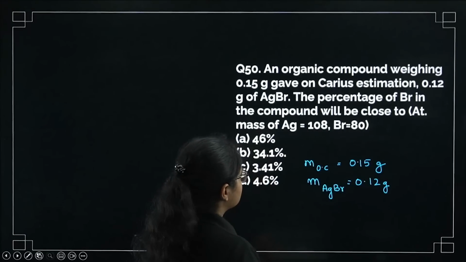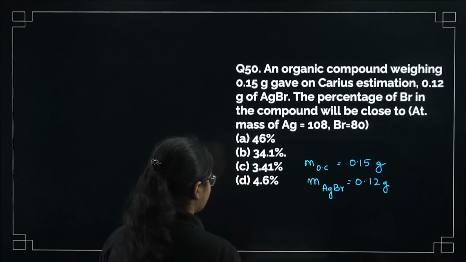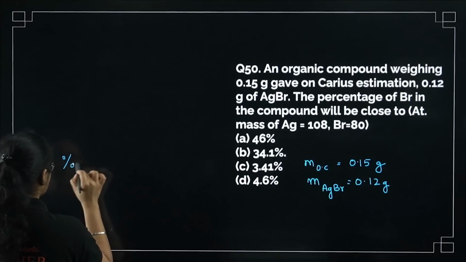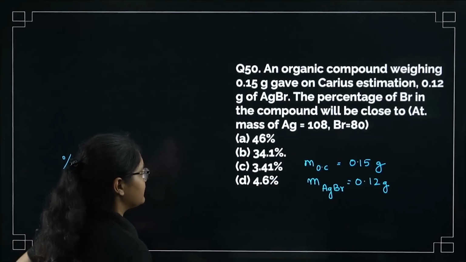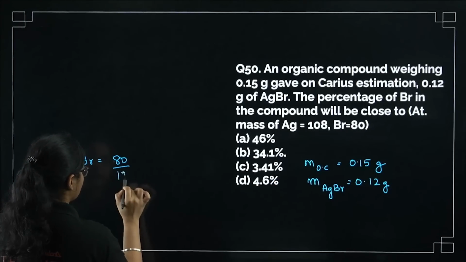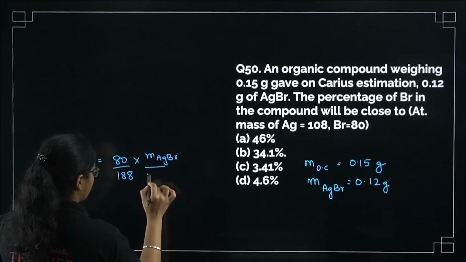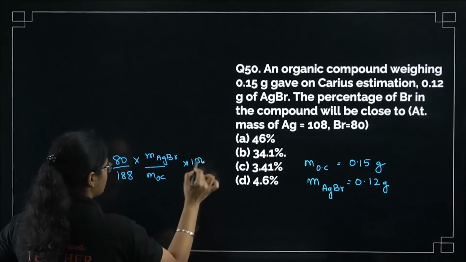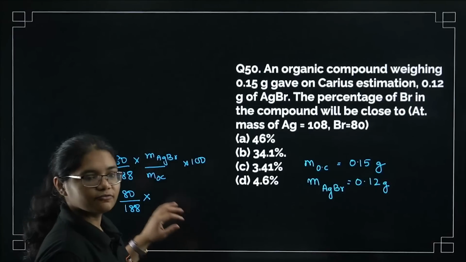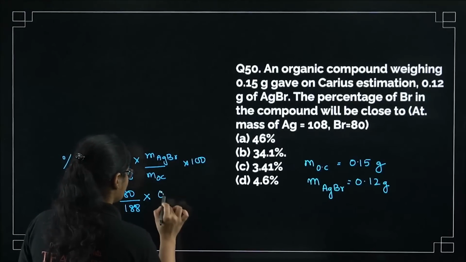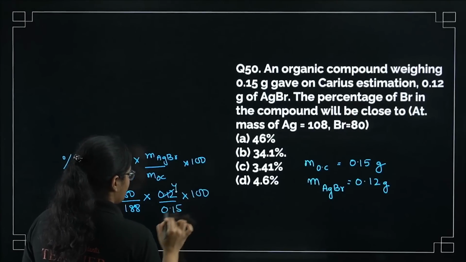Next, the percentage of bromine in the compound will be close to what? So the percentage of bromine will be equal to the formula 80 by 188 into mass of AgBr, divided by mass of organic compound into 100. So just substitute this value, 80 by 188 into 0.12 divided by 0.15 into 100.